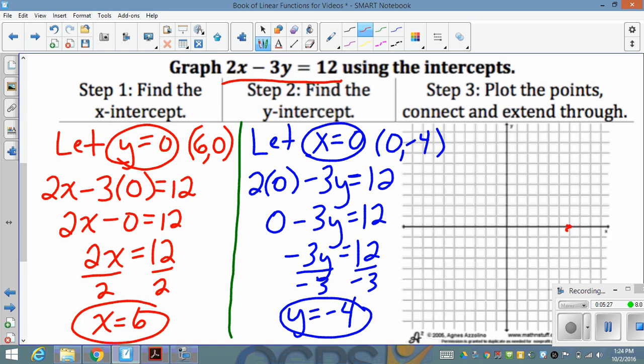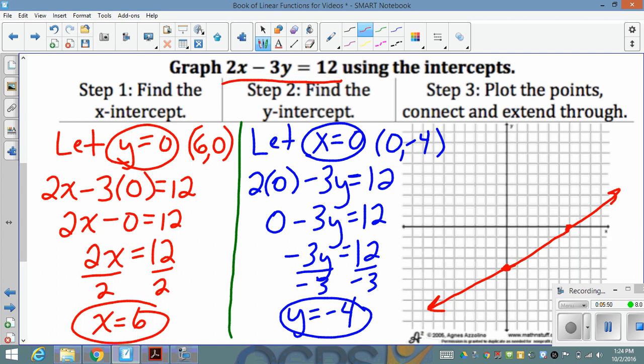Just needed to recount to make sure I put it in the right spot. And then the point 0, -4, 0 left and right, down 4 is going to be right there. Now I can connect and extend through.